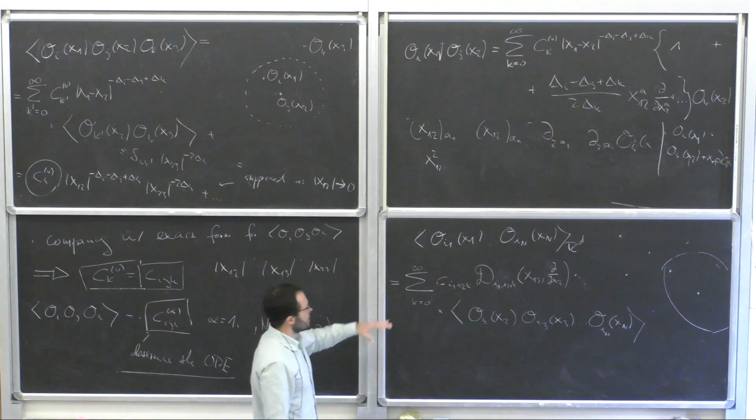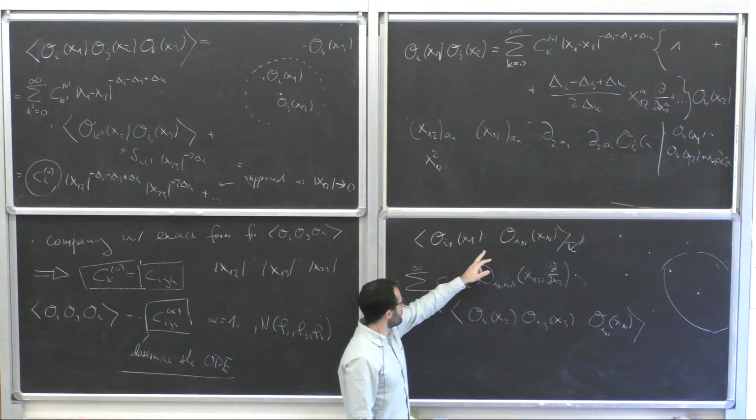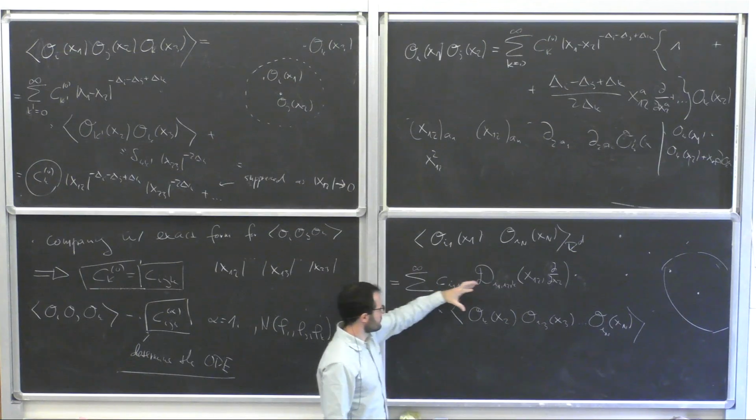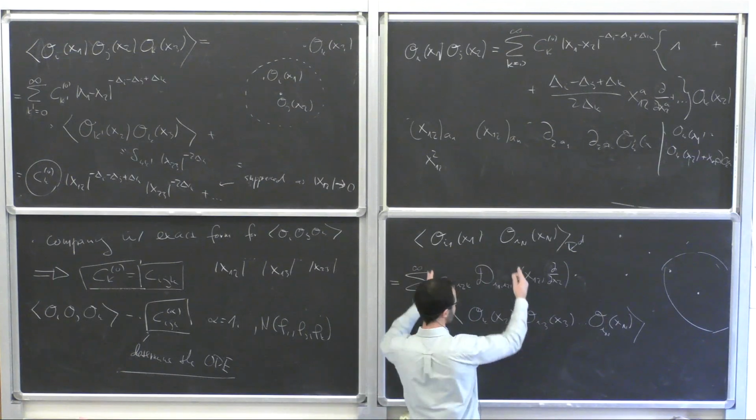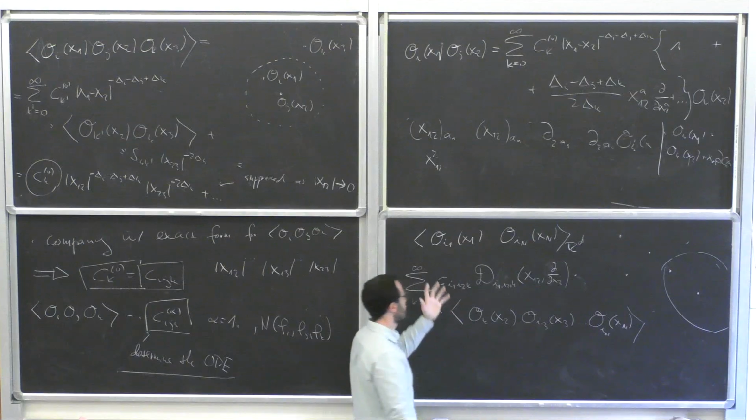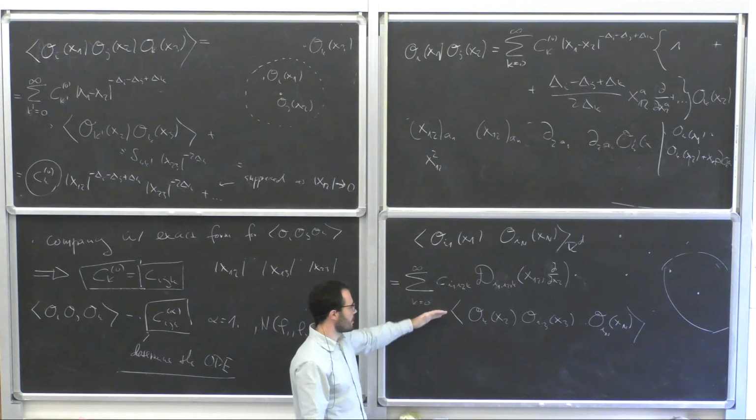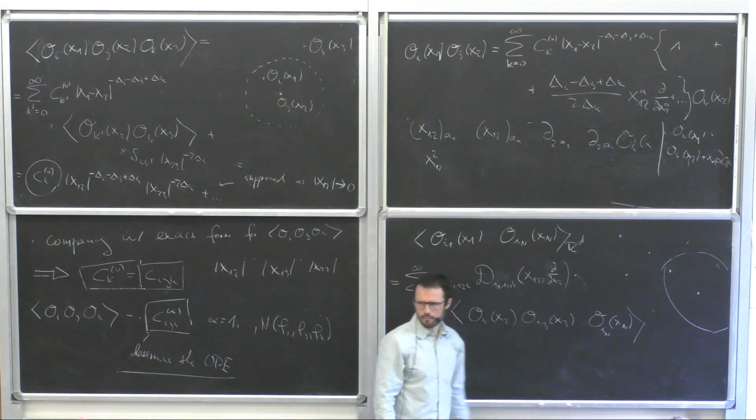So we have done the OPE of x1 and x2. From an n-point function, we can write it as an infinite sum of (n-1)-point functions.